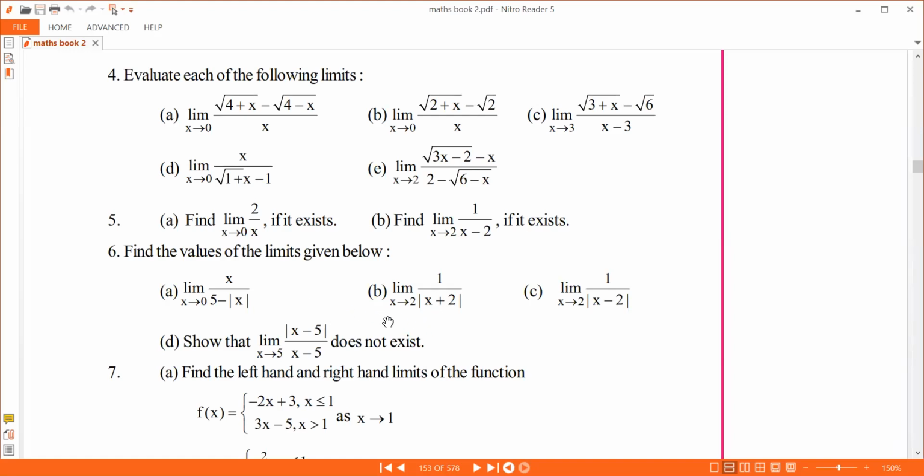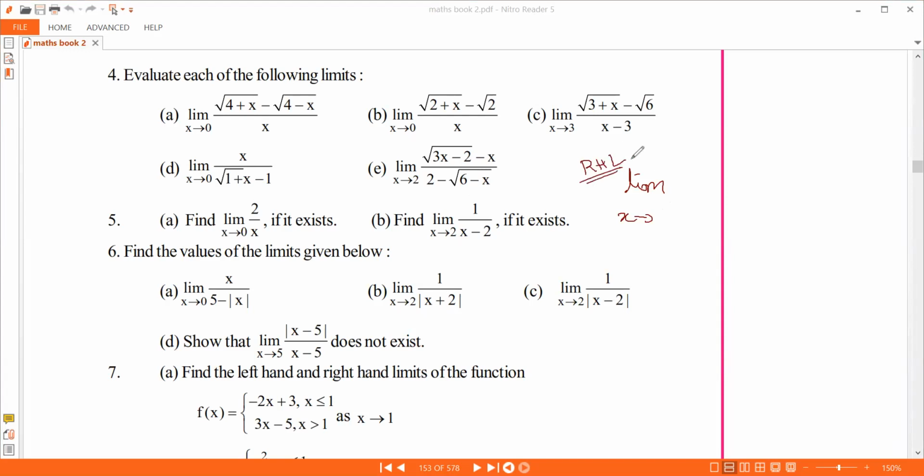Limit of 1 by mod of x plus 2 as x tends to 2. Okay, we'll do that. This is pretty easy. For this kind of thing, as I told you, let's solve the right hand limit.